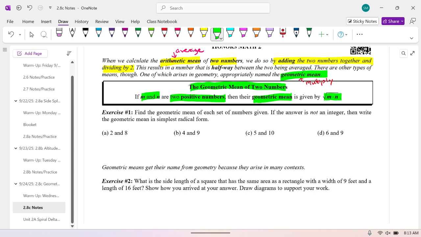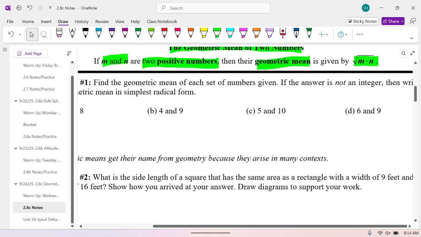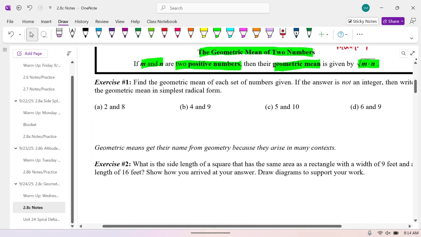Just like arithmetic means you add them, then divide, geometric, you multiply them, then take the square root. So we're going to first just do some plain old geometric means before we start throwing triangles into the mix.